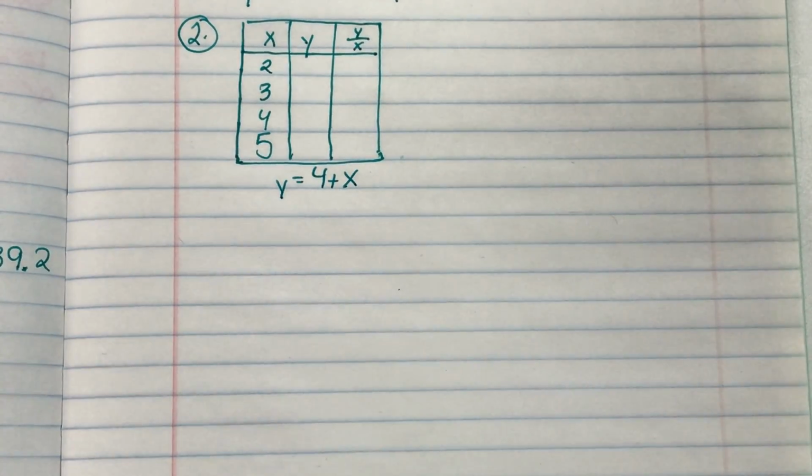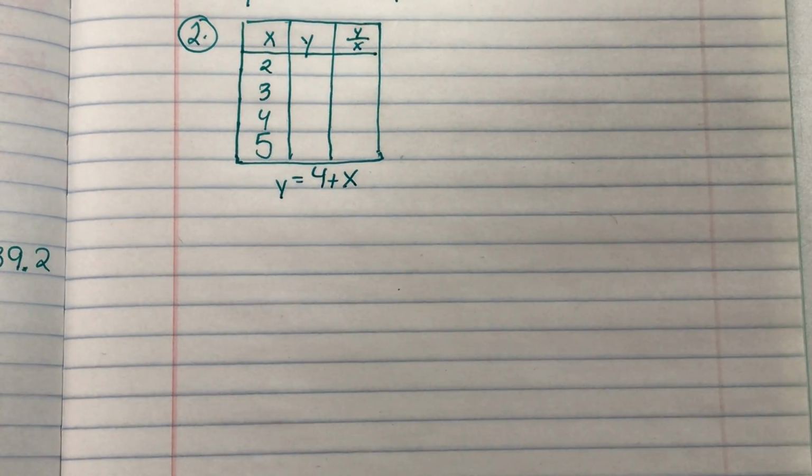Do we know what the y is? Do we have any y's? I'm about to call some random people, so I need everyone involved. Do we have any y's to plug in? No. Do we have any x's to plug in? That is what we use, okay?